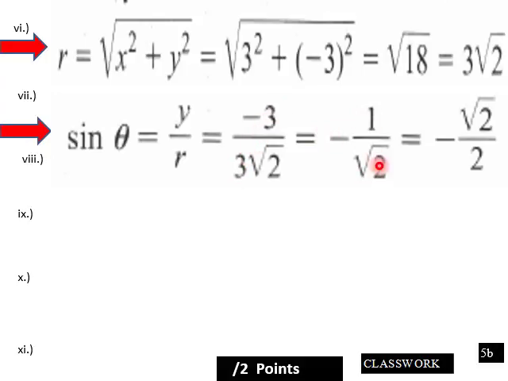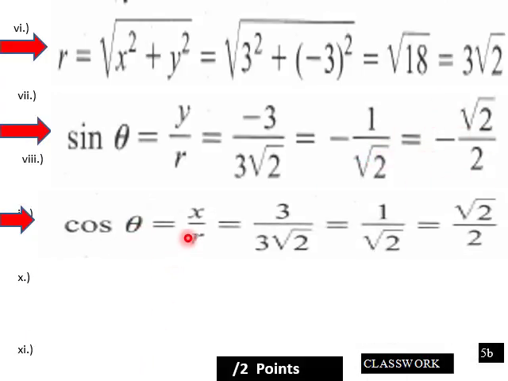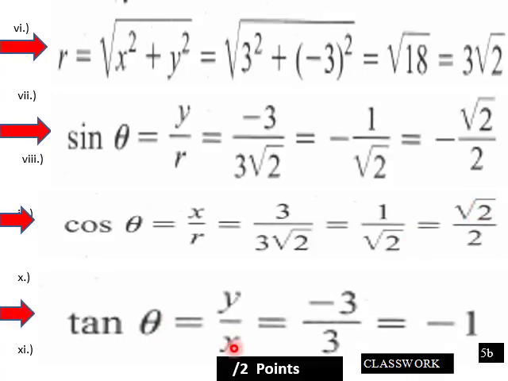We get negative 1 over square root of 2. Then we rationalize by multiplying the denominator and numerator by square root of 2. You should know that by now. And then cosine theta is x over r, and after we rationalize our denominator, we get this number here for cosine. Tan would be negative 3 over 3, which is negative 1.